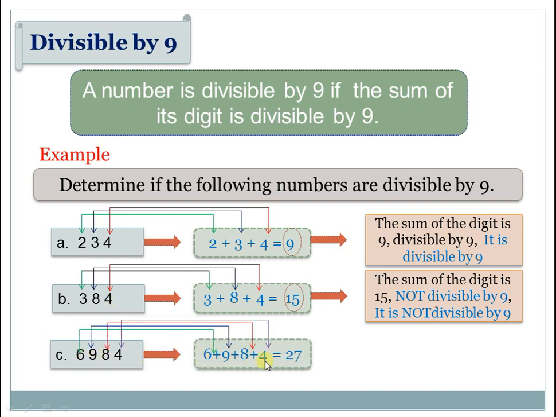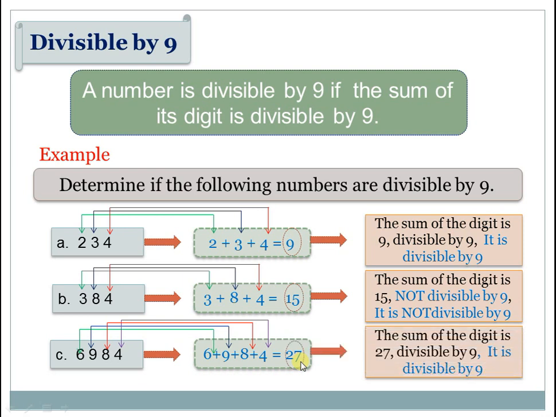So when we add all the digits, 6 plus 9 plus 8 plus 4 is equal to 27. Can we divide 27 by 9? If your answer is yes, therefore, we could say that 6,984 is divisible by 9. Okay?